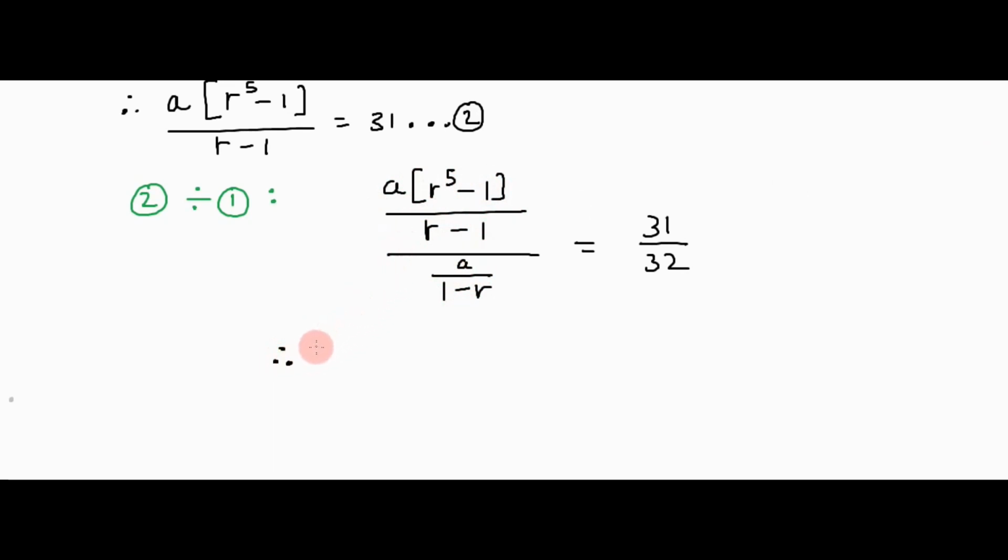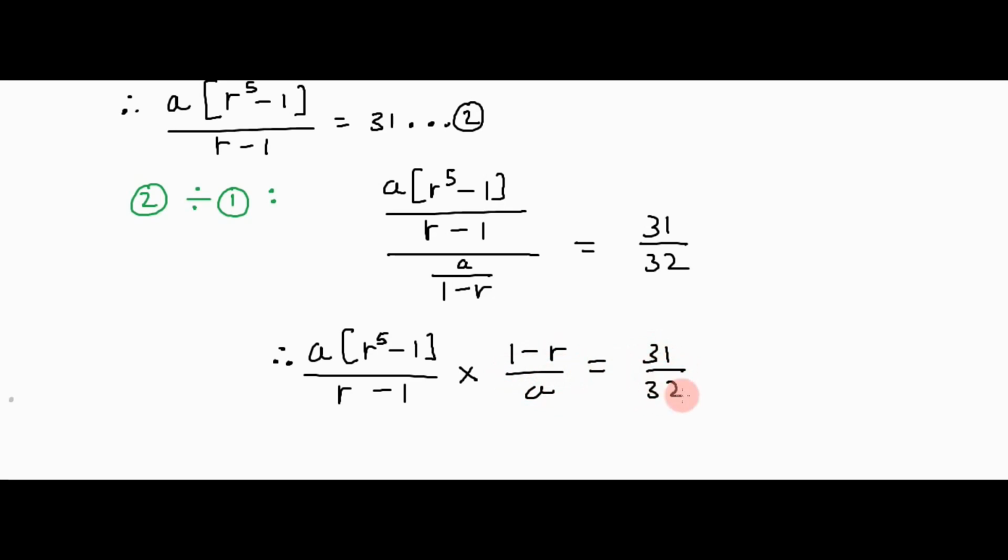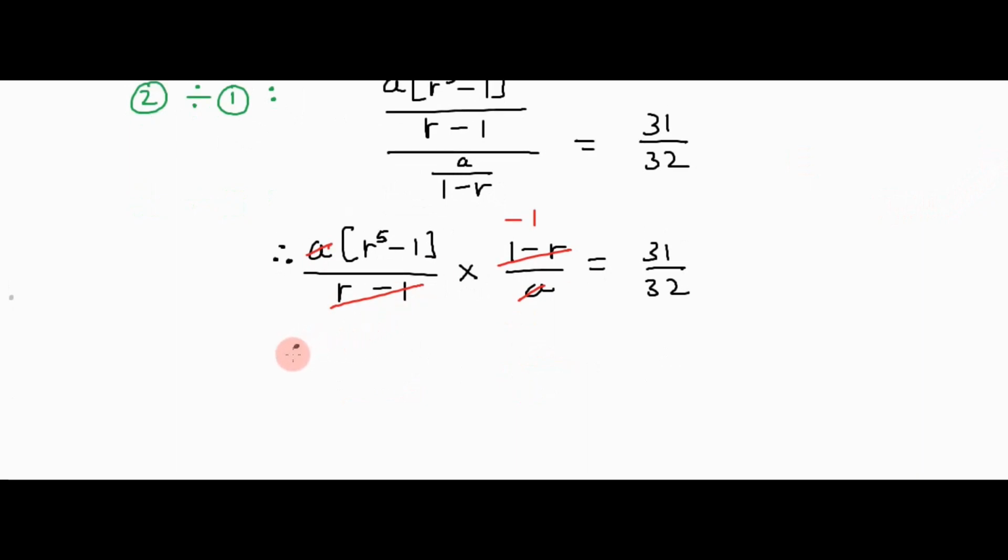So we can multiply the top fraction by the inverse of the bottom fraction. Now the a's cancel here, and r minus 1 into 1 minus r goes minus 1 times. So then on the left-hand side, we're left with negative 1 into r to the 5 minus 1.